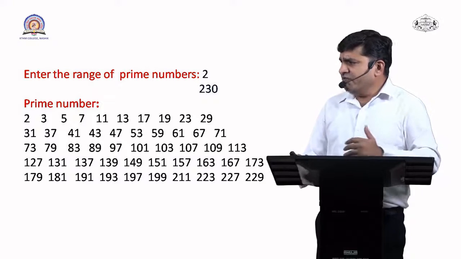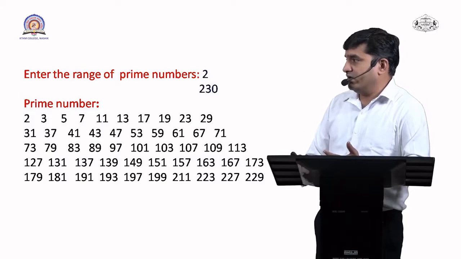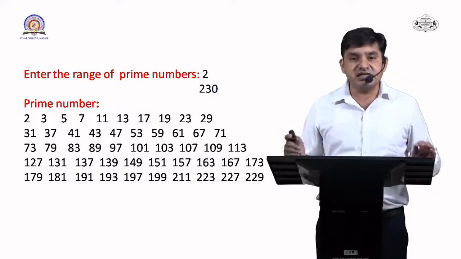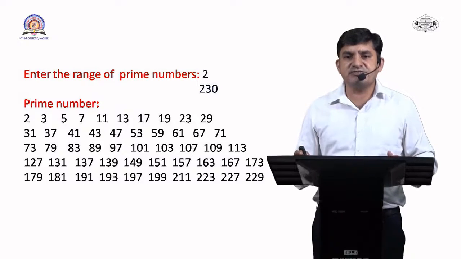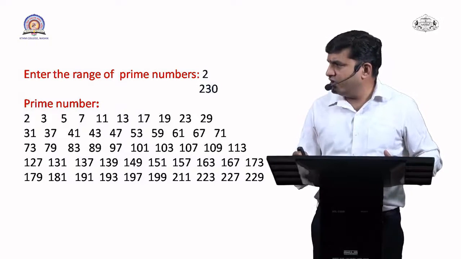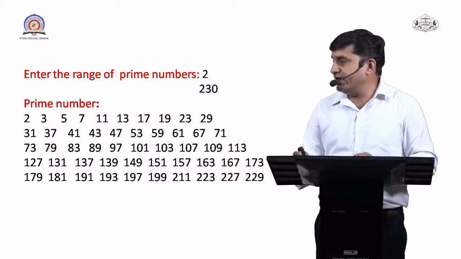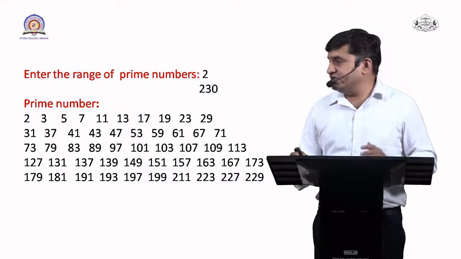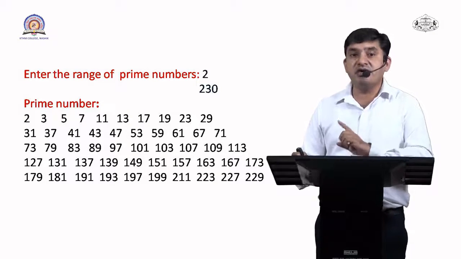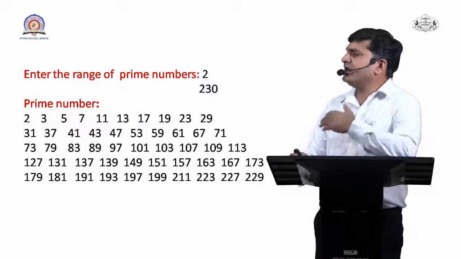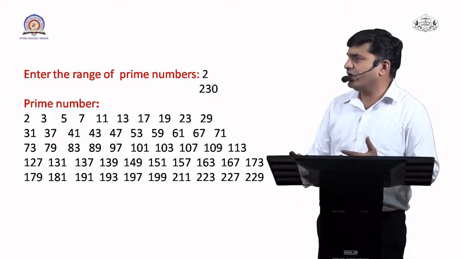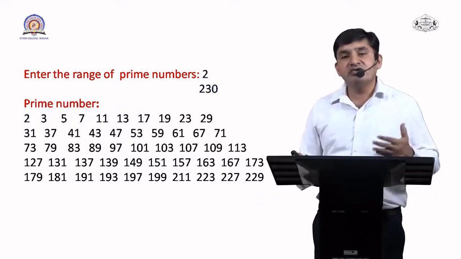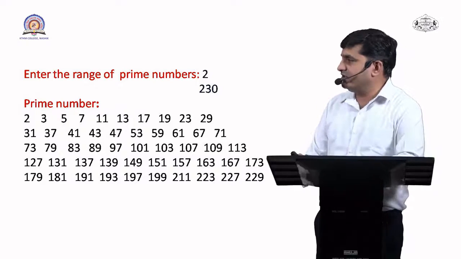Now if prime flag is equal to 1, if this condition is true, then printf slash t, that is horizontal tab, percentage d, because the prime number n is an integer, and print all these prime numbers on the screen. So this is a very simple program used to find the prime numbers.